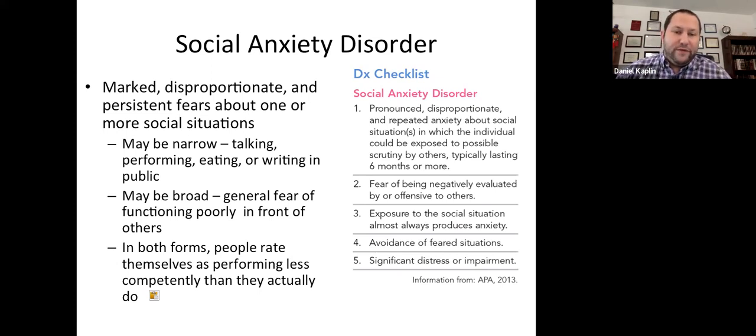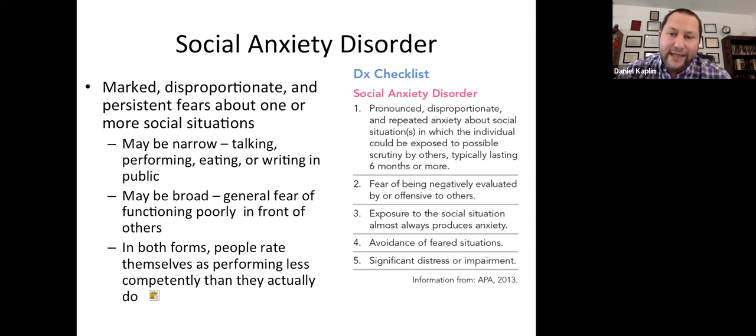It could be very narrow in focus, such as writing in public, eating in public, or performing in public, or it could be broader, where a person feels so anxious that they generally perform poorly in front of others. So they worry about it.